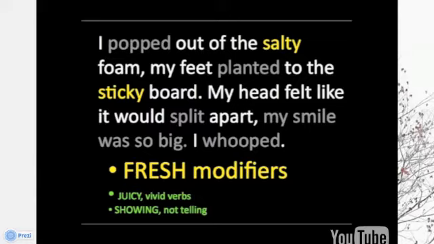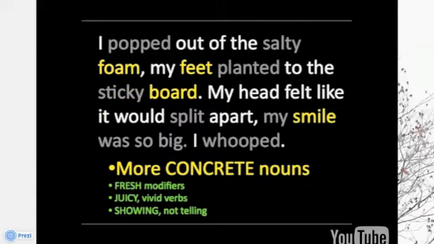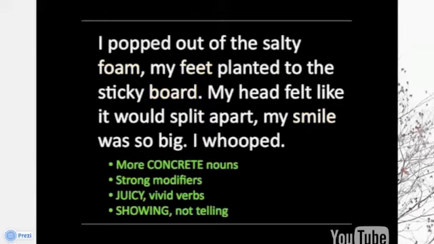Salty and sticky are much more unexpected and therefore more effective. Finally, considering my nouns, I want to use concrete, specific nouns and again have imagery associated with those. Foam, feet, board, and smile are more concrete. And so overall, this writing is much more interesting than my first example.